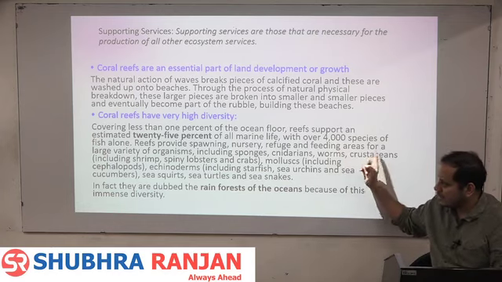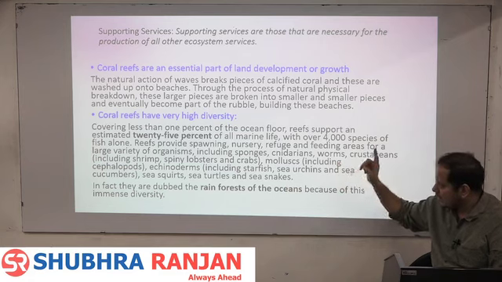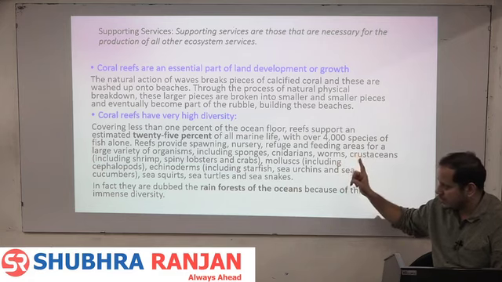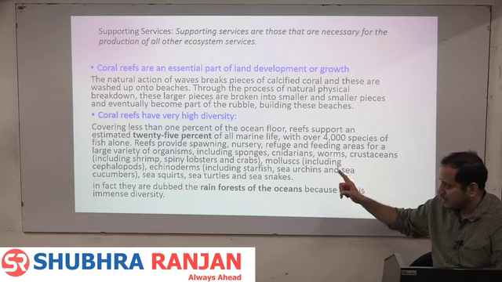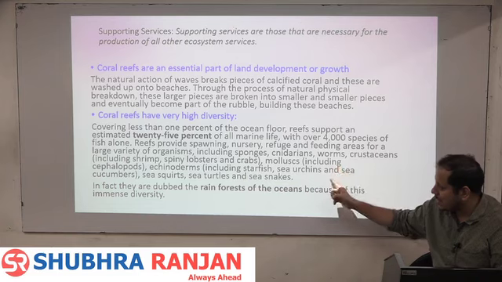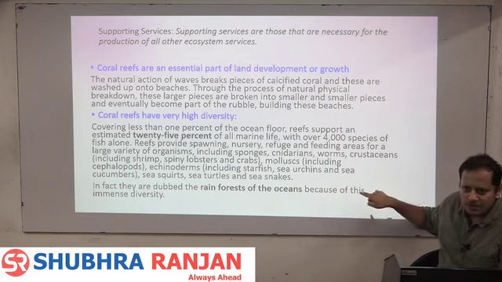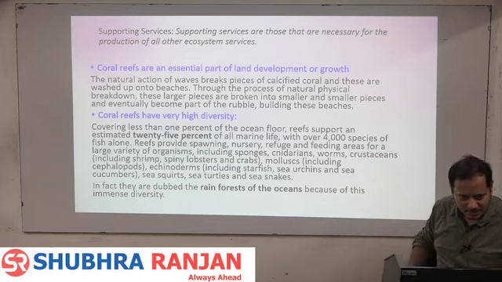And feeding areas for a large variety of organisms including sponges, cnidarians, worms, crustaceans, mollusks, echinoderms, which we have already done. These are benthic, pelagic deposit-feeding organisms. Sea urchins, squirts, sea turtles and sea snakes, and therefore they are known as the rain forest of the oceans. Clear?